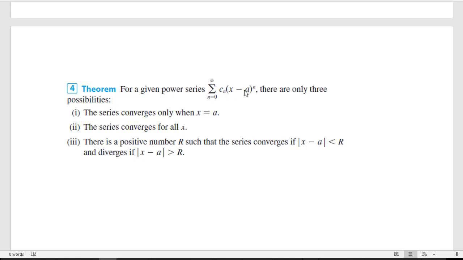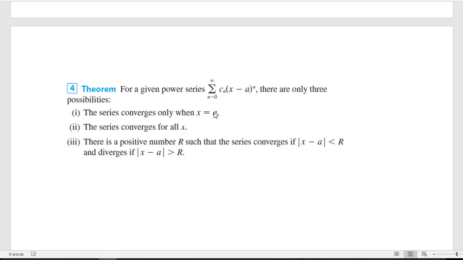So if it only converges at a, what I really have is 0 plus 0 plus 0 plus 0, which is not a very interesting series. But the series does converge. In a general conversation, every power series converges. The weakest type of convergence is at a singular point.